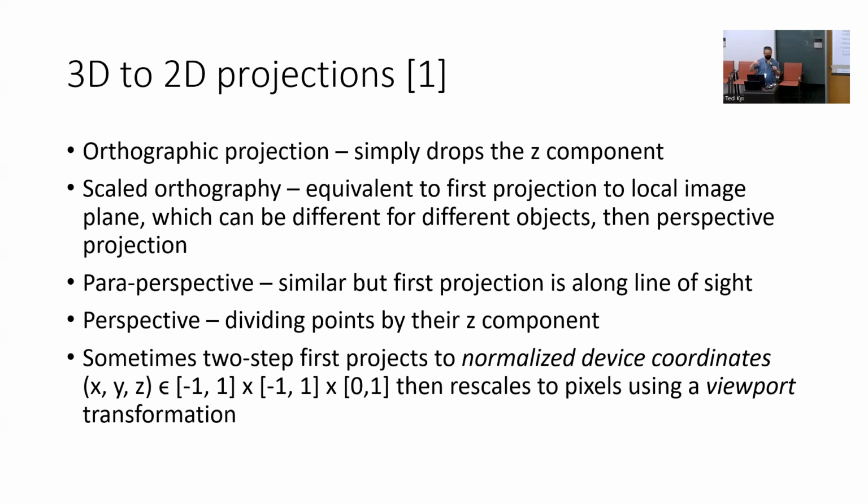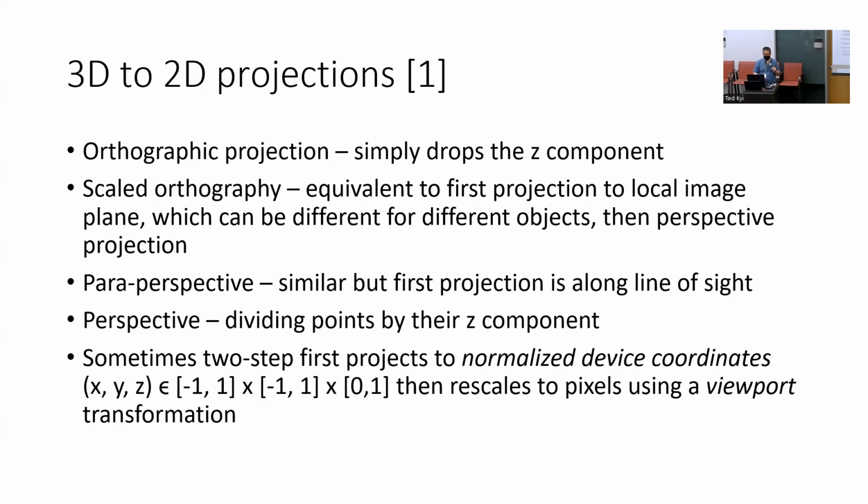But since each point maybe has a different z component, my impression is that this is the slowest way. So if you had a scene that was represented by 1,000 polygons, thousands of points, every point needs to be divided individually by their z component.